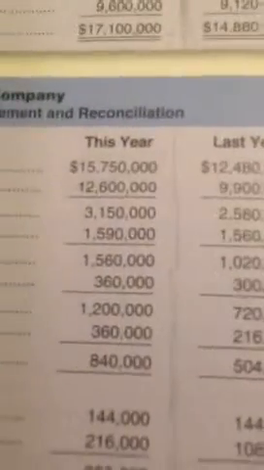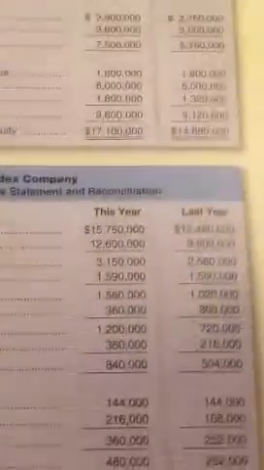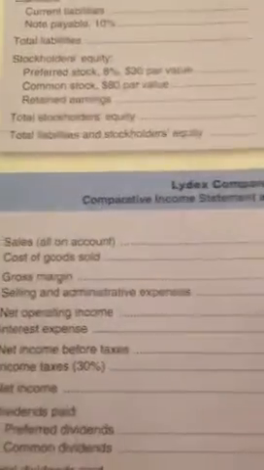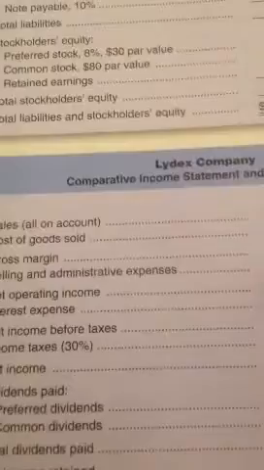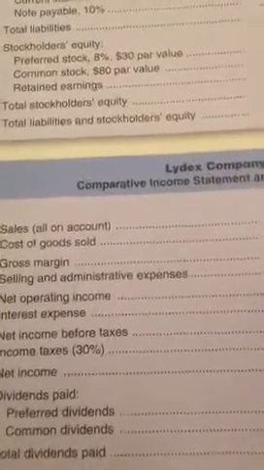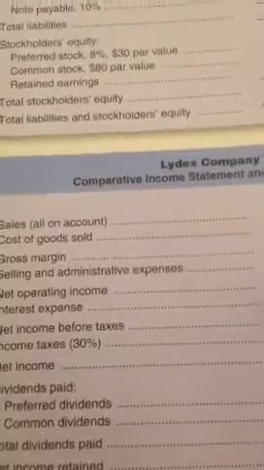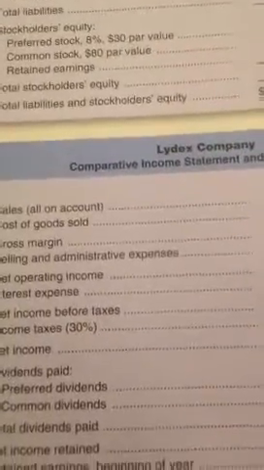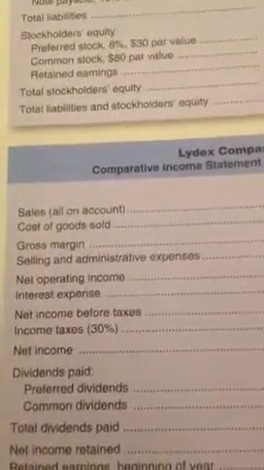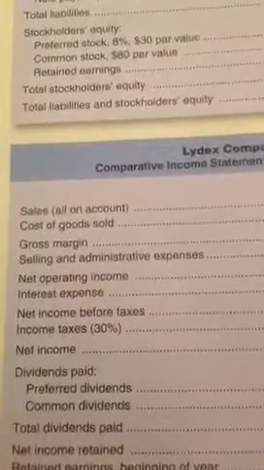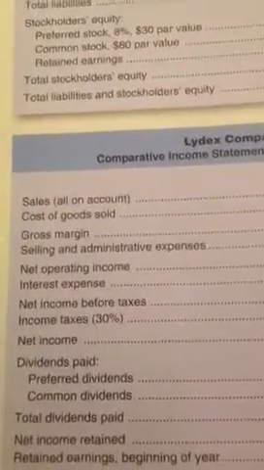And to find the net income, you would have to subtract the COGS, which will give you the gross margin. Subtract the selling and administrative expenses, which would give you the net operating income. Subtract the interest expense. So it looks something like this.